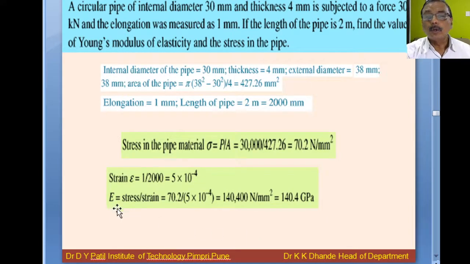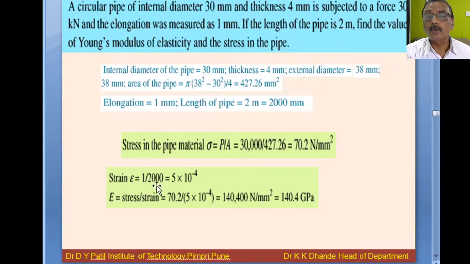Now according to Hooke's law, capital E, modulus of elasticity, is equal to stress upon strain. We already used that equation so many times. Stress we already calculated, 70.2 Newton per mm square. Strain is delta L upon L. Delta L is given as 1 mm, and the length of the cylinder is 2 meter, that means 2000 mm.